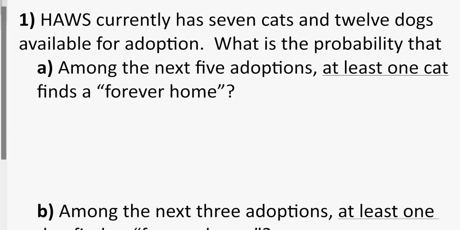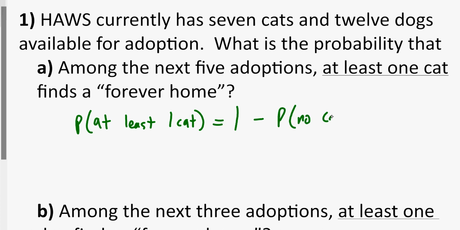So we could take all of those chances and add them all up, or we can use the formula we just said. So the probability of at least one cat. Maybe it will be a little bit easier doing it 1 minus the probability of no cats. Right?